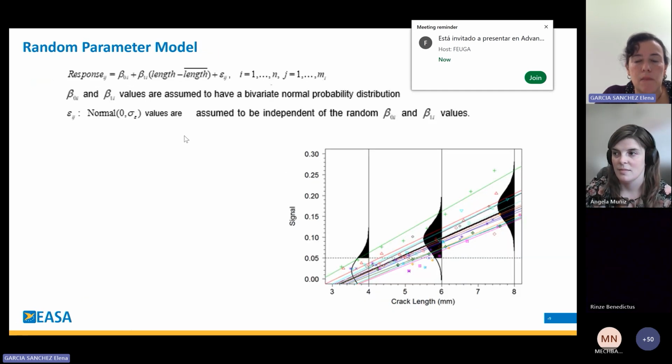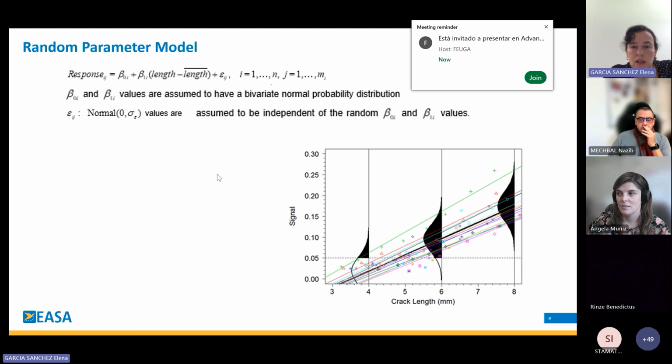Then there's the more sophisticated method, which is the random parameter model. So we have the same cloud of points as before, but then the idea is to fit a regression line for each of them. So before we were only using the data of the crossing, now we are using more points for the regression, and then the method takes into account the variability of the intercepts and slopes of these lines.